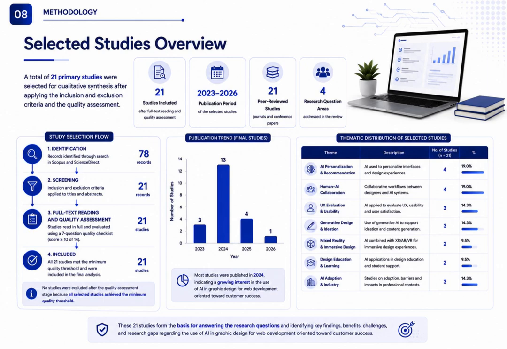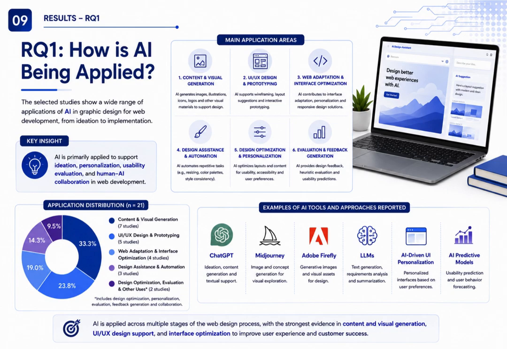This diversity confirms that AI is influencing multiple stages of the design process rather than a single isolated activity. Our first research question investigated how artificial intelligence is being applied in graphic design for web development.